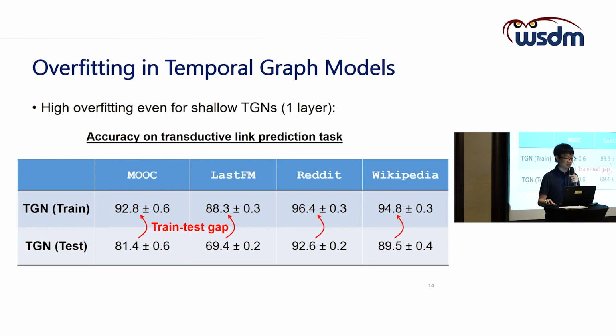This is the gap between the training accuracy and the test accuracy. You can see that in most of the cases, there's quite a large gap. And this gap will only get larger if we increase the number of layers or try to develop even more powerful modules. So this is definitely an issue that needs to be addressed if we want to develop more powerful temporal graph models: how to close the gap between training and test.